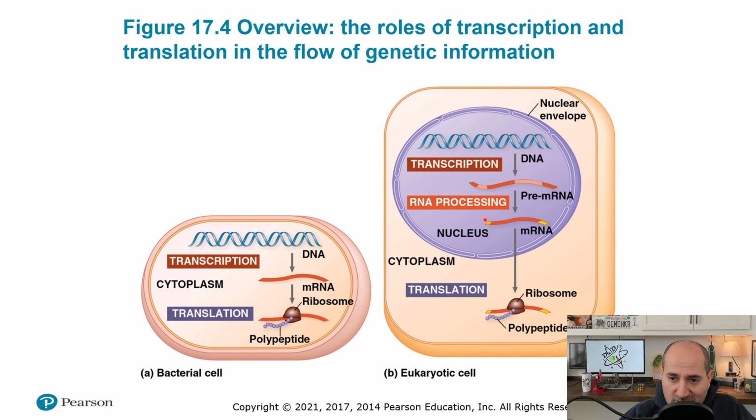One occurs at this end called the 5' end. One modification occurs at the other end called the 3' end. And then another modification occurs in the middle. Okay, so there are 3 big modifications that occur during RNA processing to make mature mRNA.